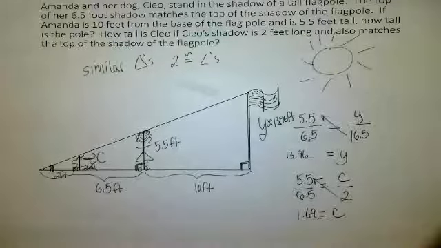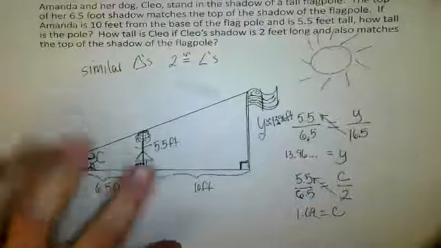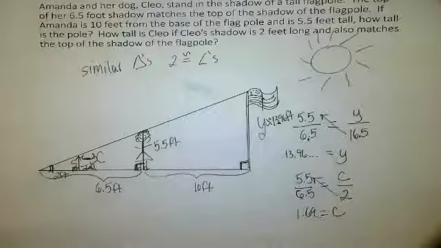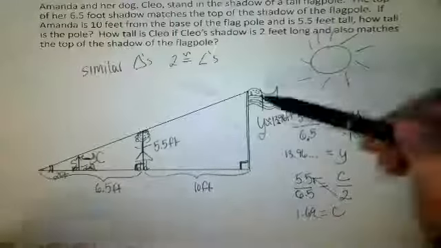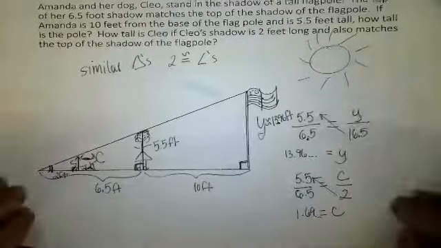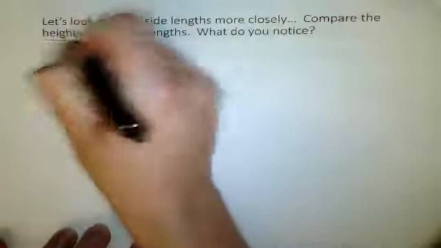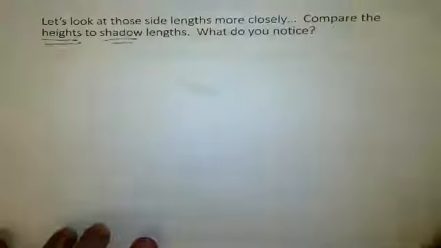And so they learned very early on that we could have similar triangles and that the ratios we could use were proportional. And so, what we want to do then is actually look at these side lengths a little more closely. We're going to compare heights to shadows.